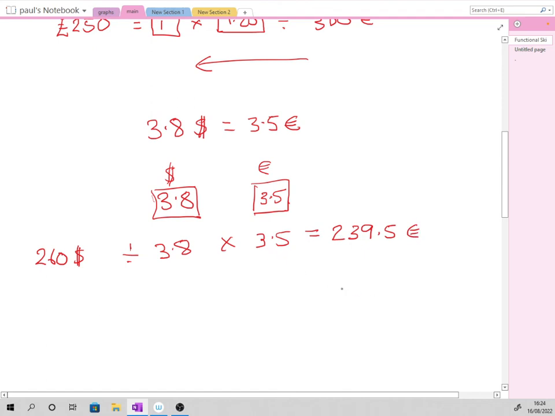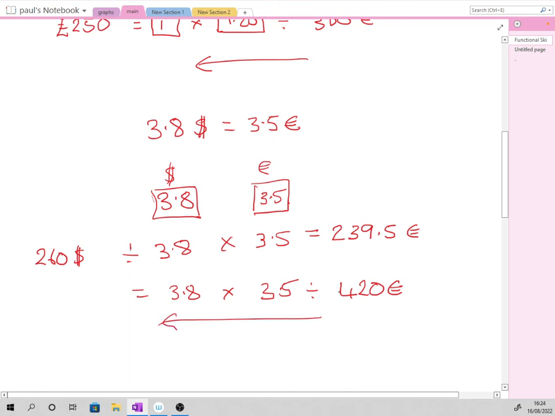Let's do 420 euros. So bring the numbers down. 3.5, 3.8. So divide, multiply, equals. So you're going this way this time because you started over on the right hand side.